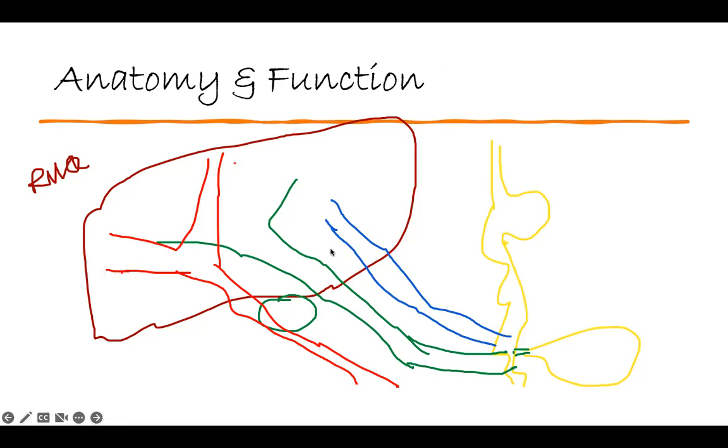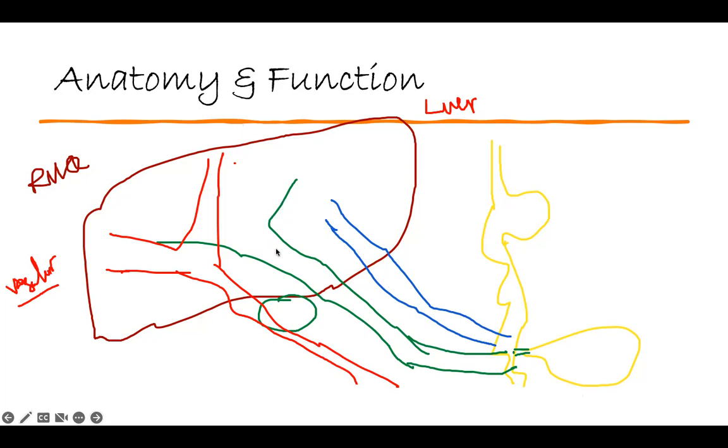So as you can see, the liver is a vascular organ. It has a lot of blood vessels going through, a lot of blood, especially the portal vein, taking over 75% of the blood back to the liver. And then it goes into the inferior vena cava and back to the heart. It takes all the blood from the GI tract back into the inferior vena cava, into the heart.